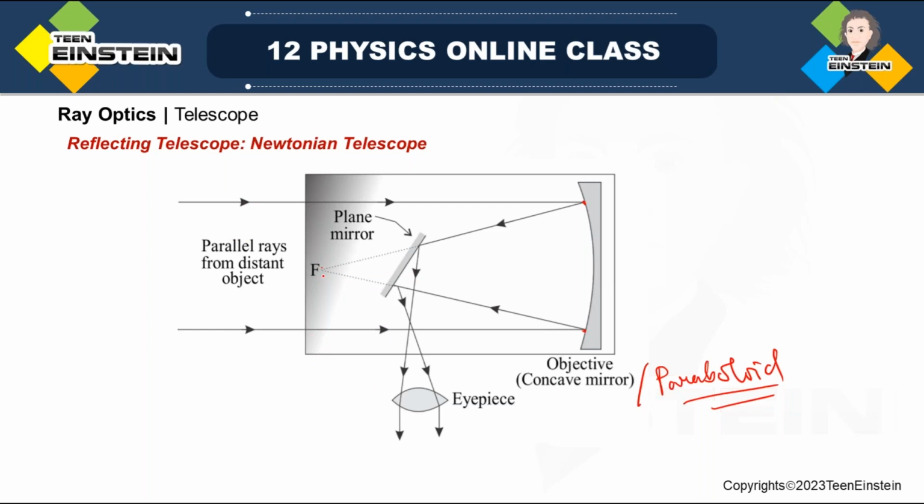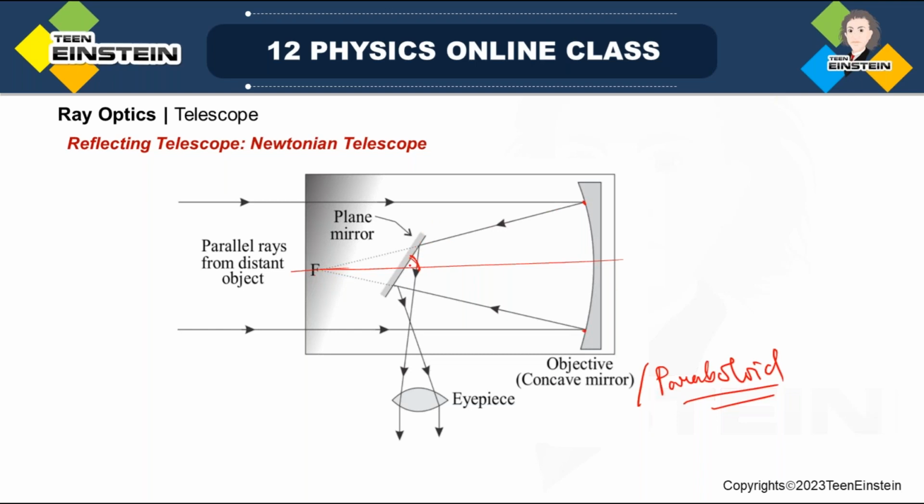So just before the focal point, or the focus of this objective mirror, a plane mirror was kept at a 45-degree angle to the principal axis, okay, such that they will come and reflect. So this is the plane mirror.